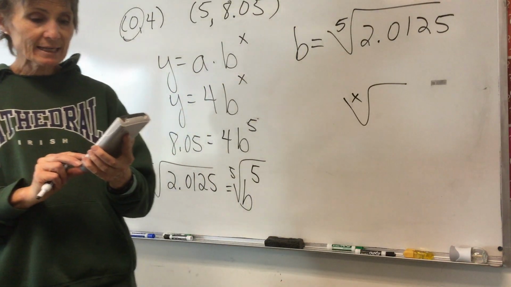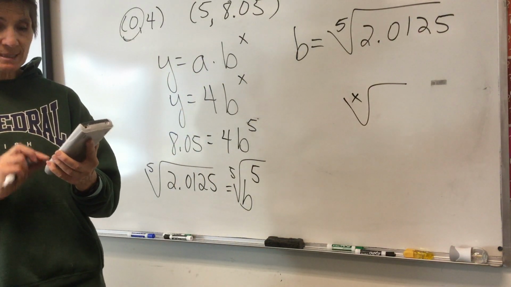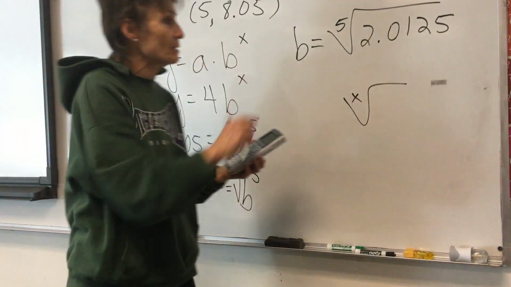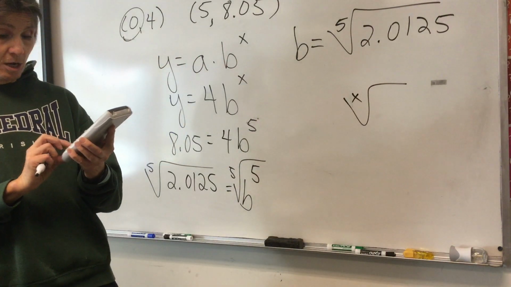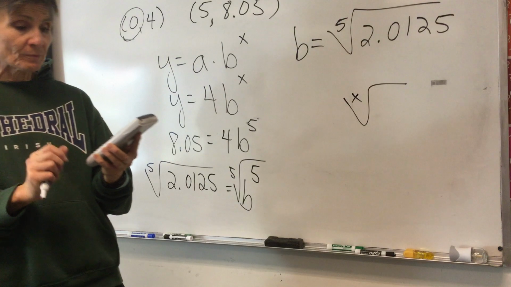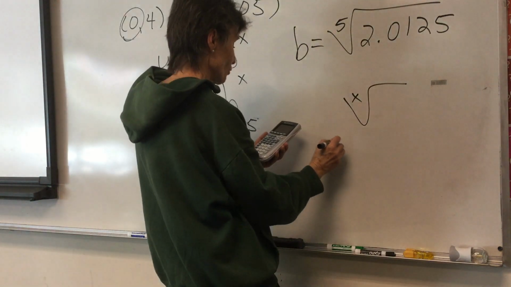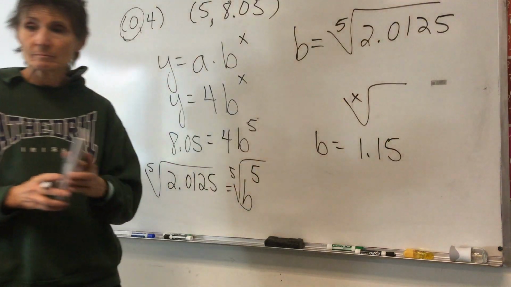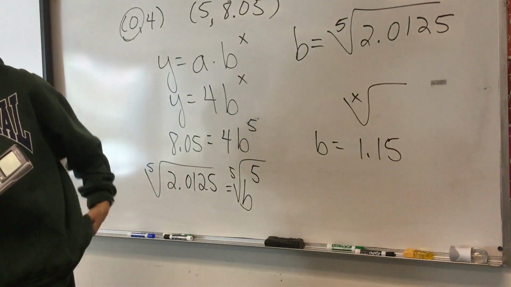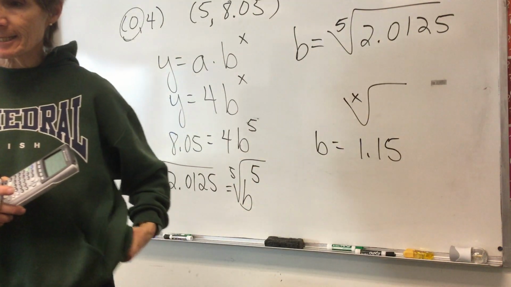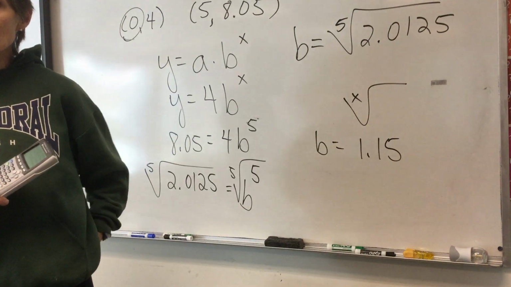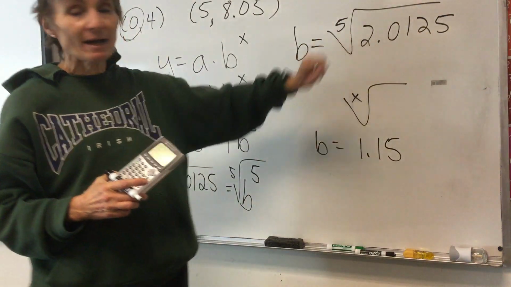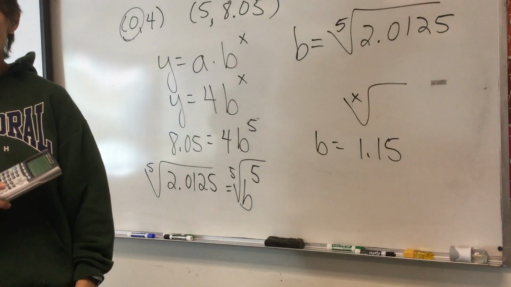So you press that key, so go down to number 5, press that key, and then type in your 2.0125 and hit equals. So your B value is about 1.15. Okay, everybody get that? It's pretty easy. The trickiest part is to remember you got to put that 5 in first, whatever your index is.